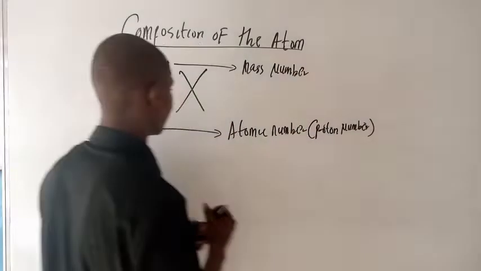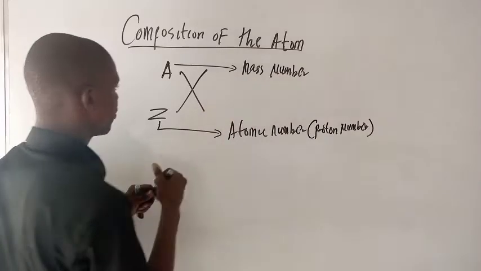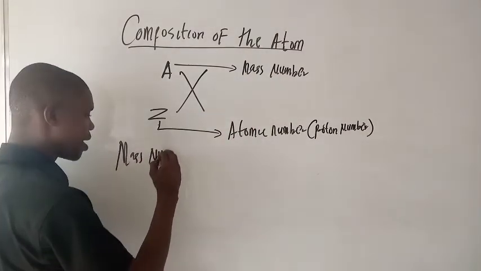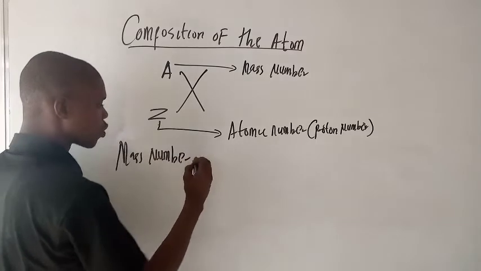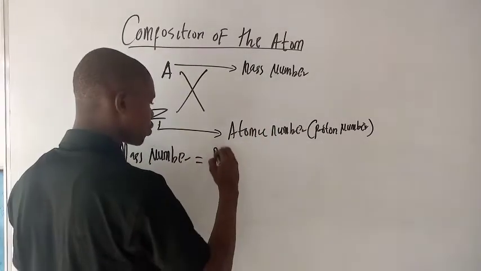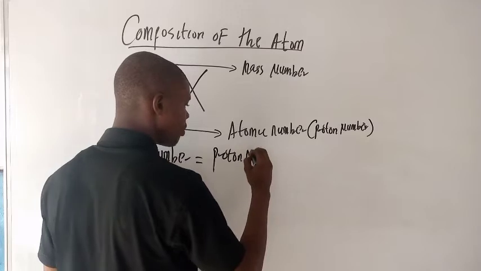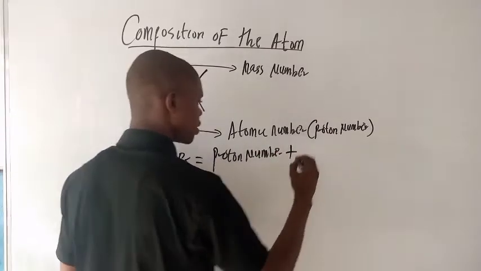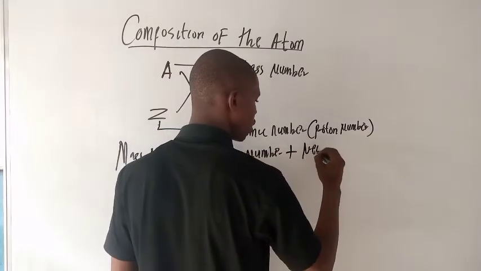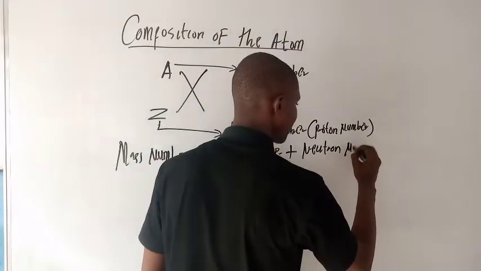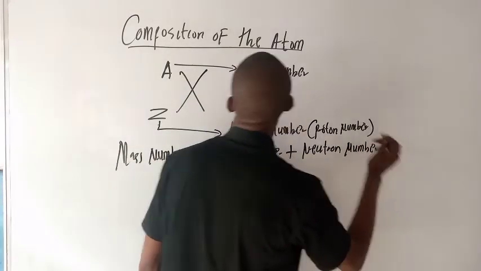So the mass number, which we also call the nucleus number, contains the proton number and the neutron number. This is what you want to really put in mind in the composition of the atom.